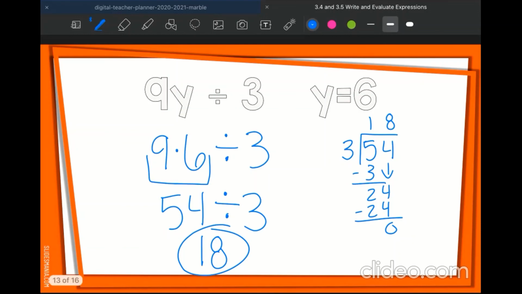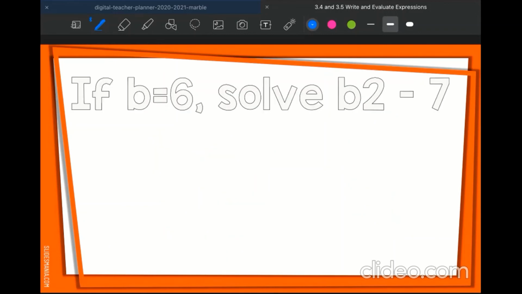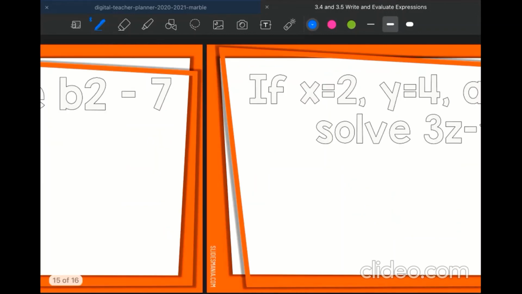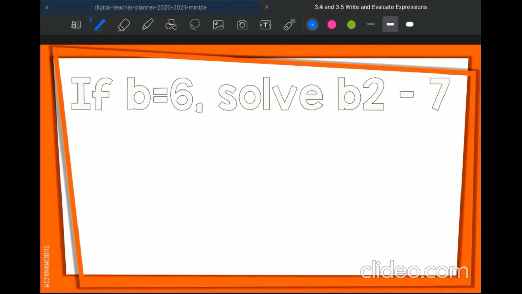All right, okay, there's the other type of problem that you may find. On your paper, does it say B2 or B squared? B squared. Okay, my computer messed up. Guys, I need you to stop talking.